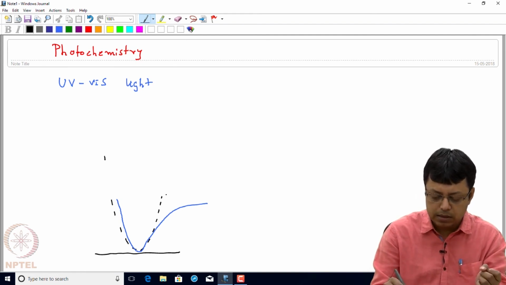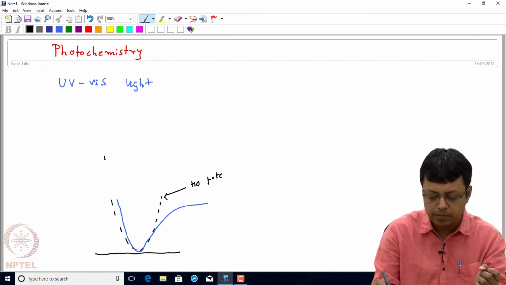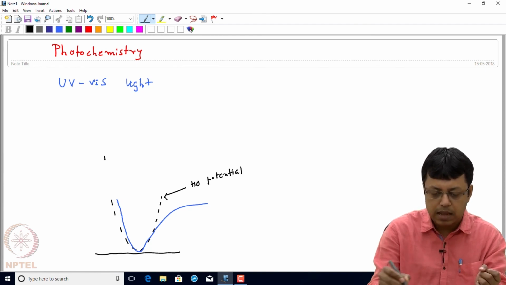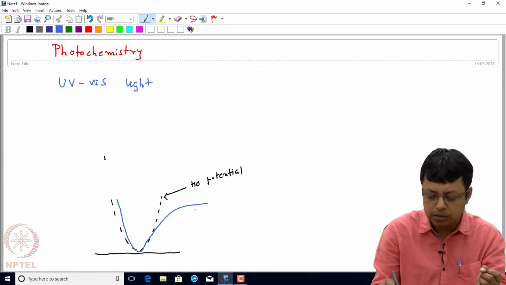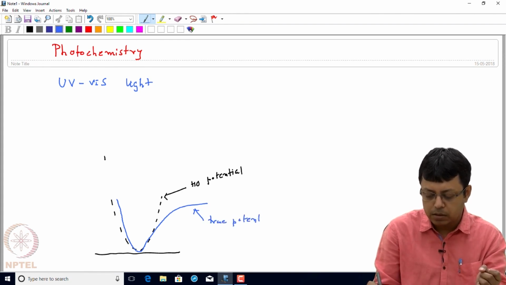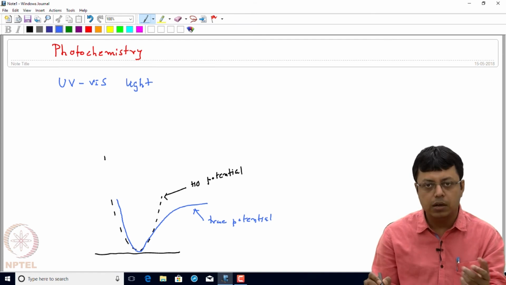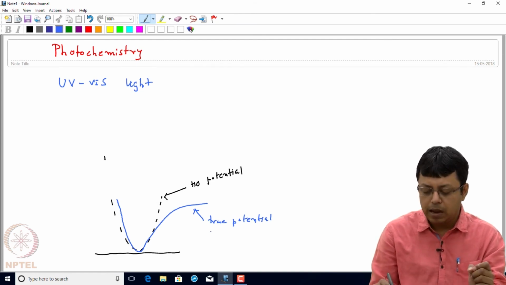So this is the harmonic oscillator potential, and this is the true potential, which to a very good approximation can be approximated by the Morse potential.